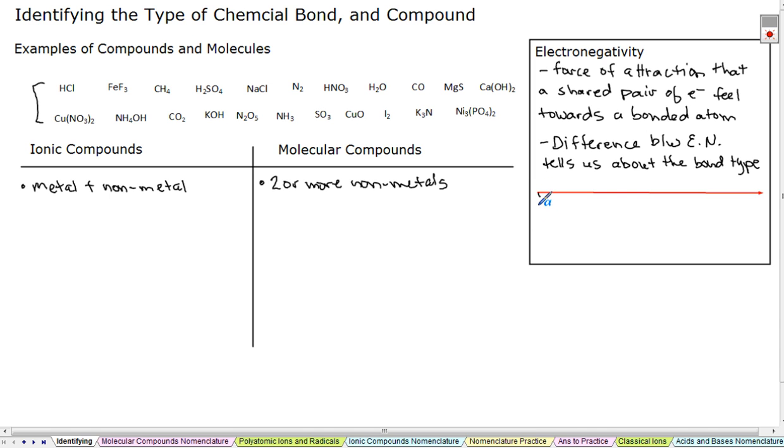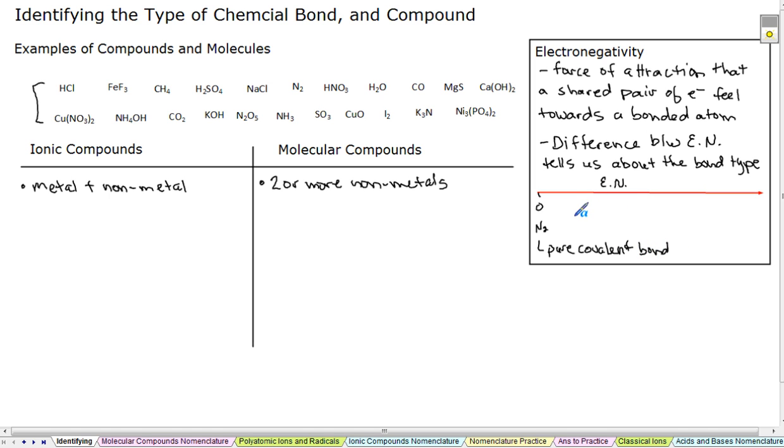So if we want to take a look at a really even sharing, say our electronegativity difference, our En difference, is 0, that might be a diatomic molecule like nitrogen gas or oxygen gas. We would call this a pure covalent bond.